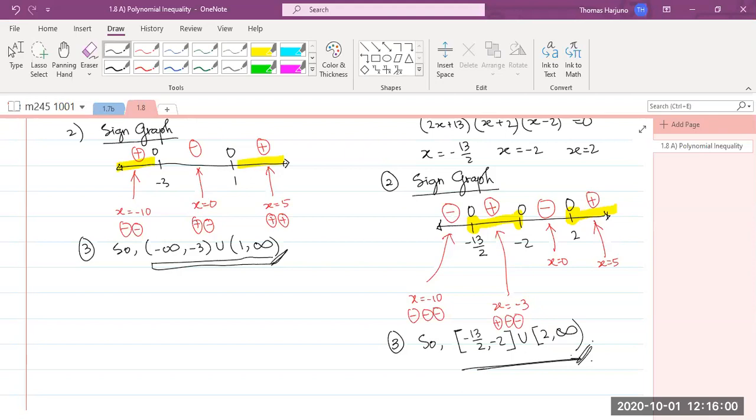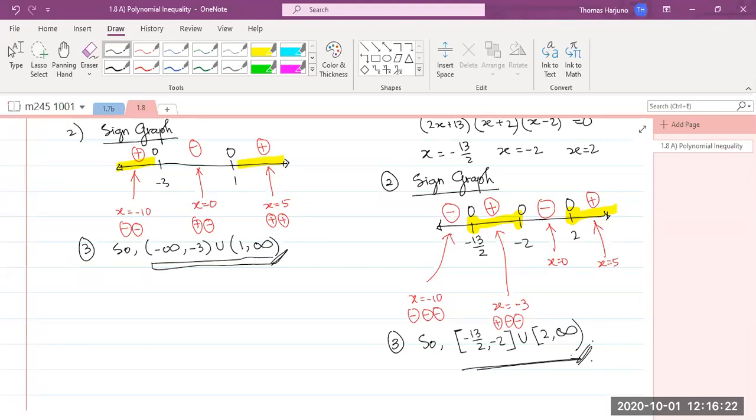No, I'm talking about how you put a bracket at negative 13 over 2 and negative 2 with a bracket. Why isn't it a bracket at -2, then 2, then a closed bracket?